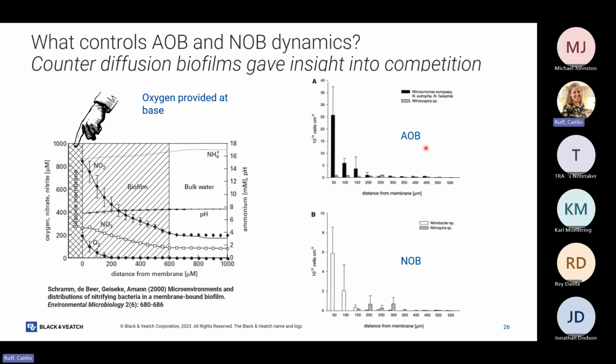We can see our AOB, Nitrosomonas, and Nitrospira population across the biofilm, and also our NOB, the Nitrobacter and Nitrospira. This research was really giving us more insight into competition with our nitrifiers and their dynamics, so that we could understand competition a little bit further.